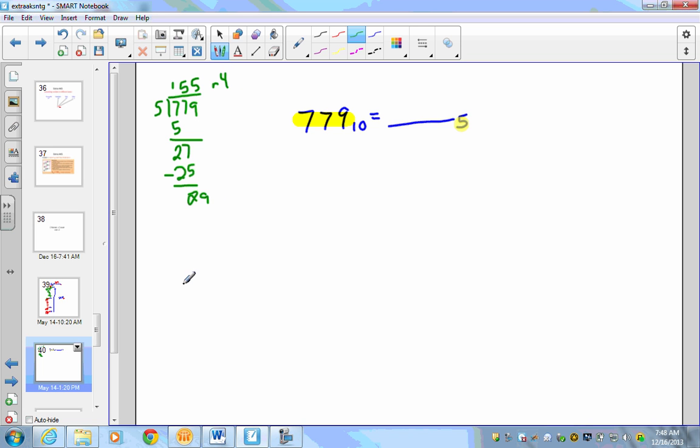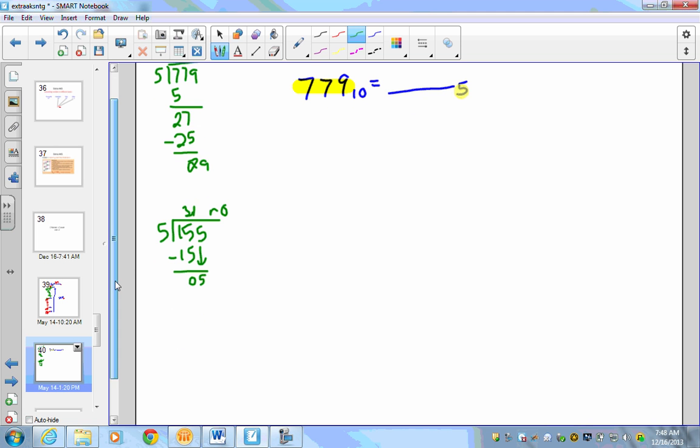I'm just going to stop right there. 155, remainder 4. All right, 5 goes into 155. Remember, you keep dividing it out until you get a 0. That'll be a 3, minus 15. And of course, when you long divide, you can do some shortcuts depending on how comfortable you are with the whole process. Remainder 0. All right, so this worked out to where it's a remainder 0, but you still keep going because we want a 0 right here.